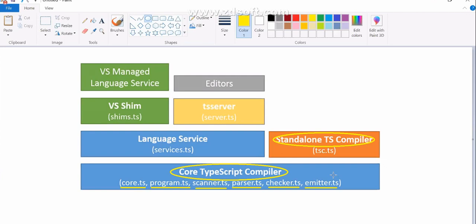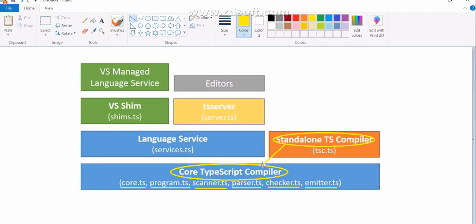Verifying the problems first is done by the core compiler. After verifying the problems, translating into JavaScript is done by the standalone compiler. That's what the two compilers are. So you have to use this standalone compiler, TSC. What this standalone compiler will do is internally use the core compiler.